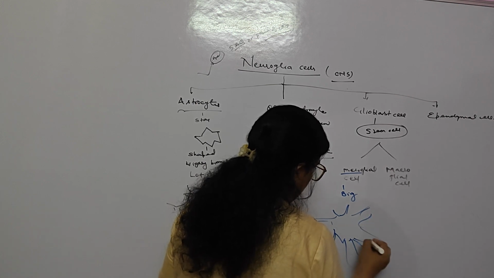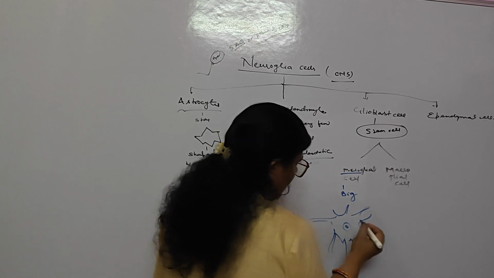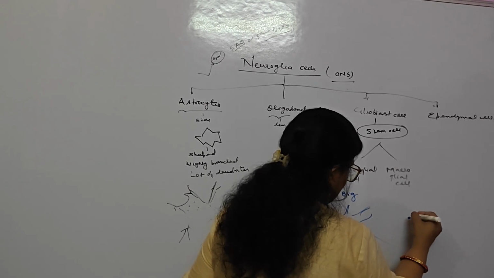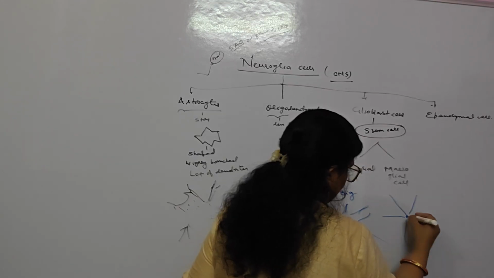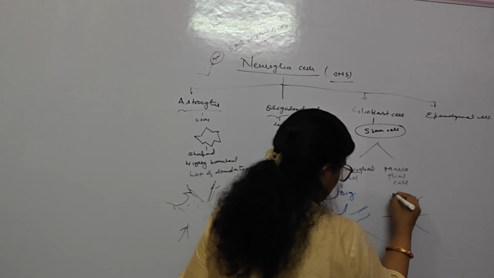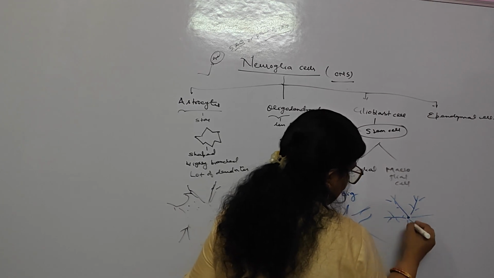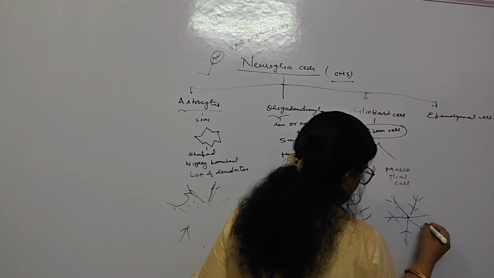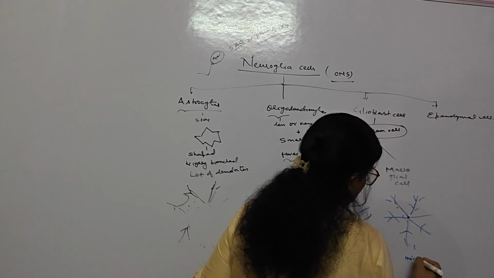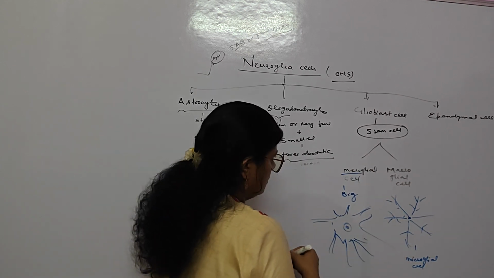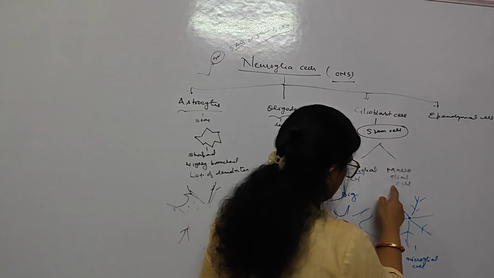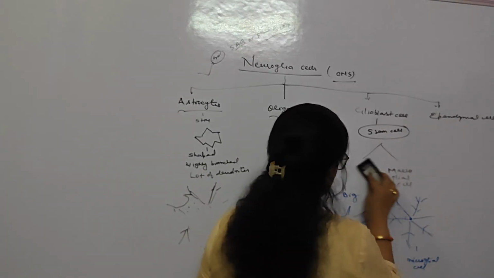So this is the micro. And we have small cells with highly branched dendritic branching. The cell size is small, so this is known as microglial cells. This is micro and this is macro.